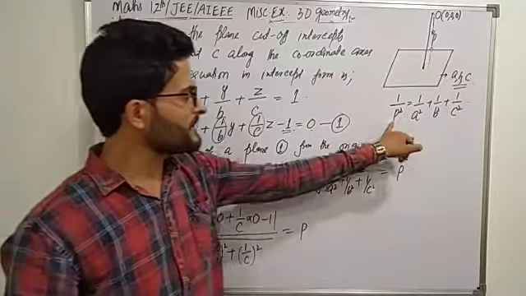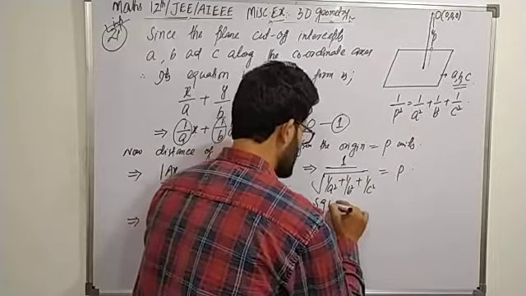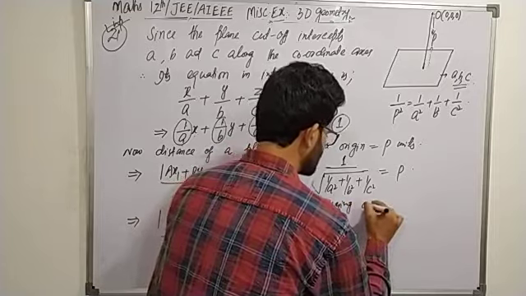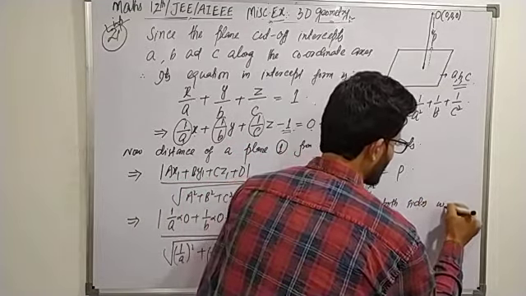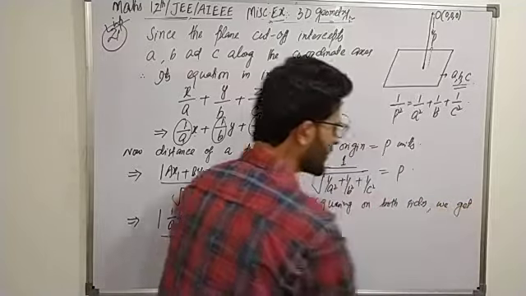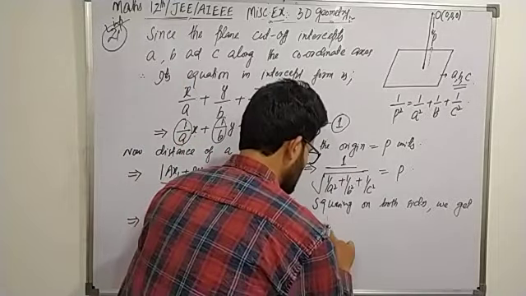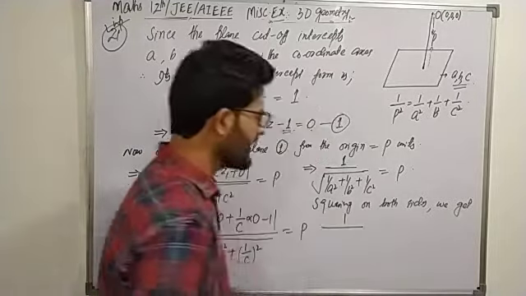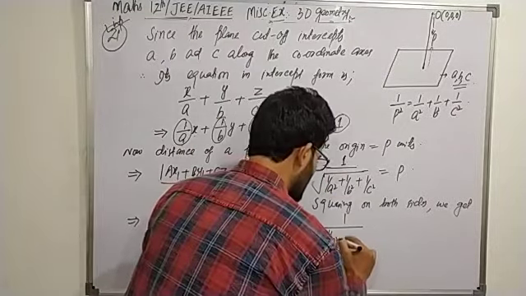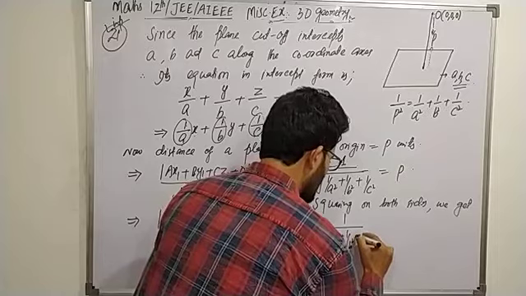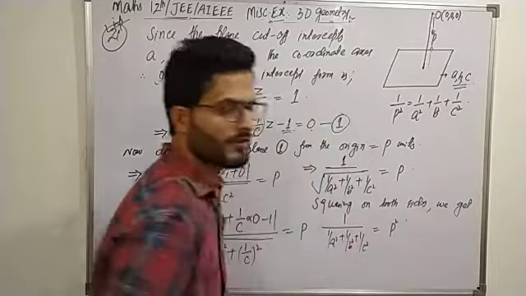Now since we need p square, we will square both sides. Squaring on both sides, 1 का square is again 1, so that is 1 divided by, यहां पे स्क्वायर और स्क्वायर रूट कैंसिल होके क्या बचेगा, 1 by a square plus 1 by b square plus 1 by c square must be equal to p का square.